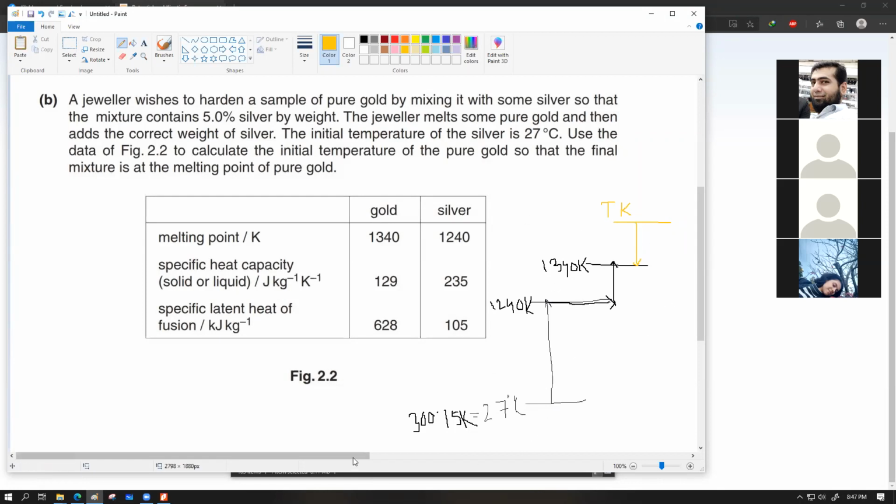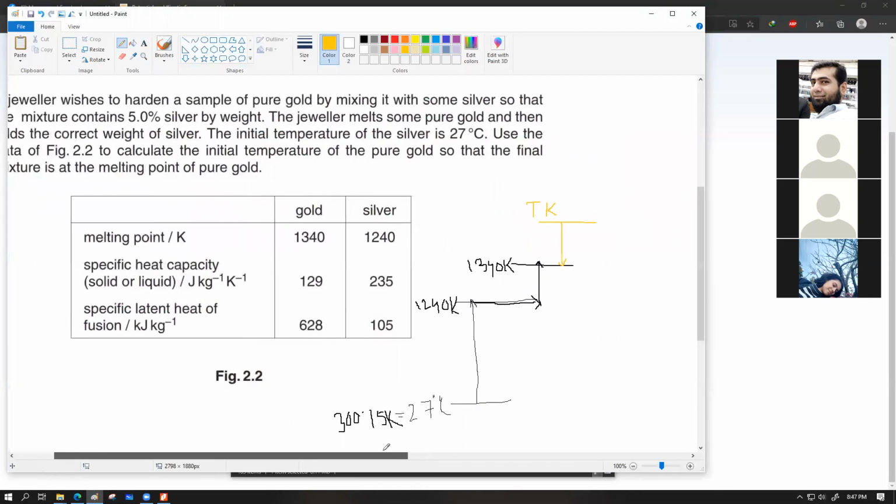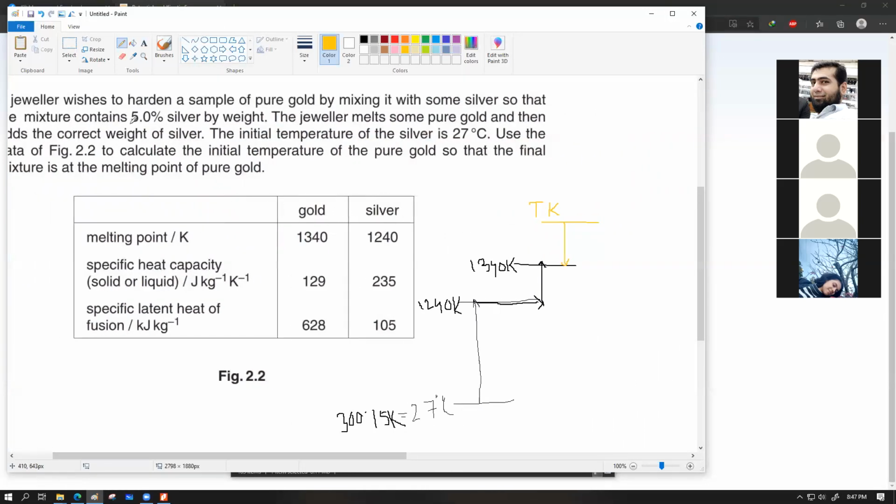Now the additional part we have to understand is that the question says for the hardening process to work, he's going to add 5% of silver by weight. That means out of the total, if the total mixture is 100, 5 would be silver, 95 would be gold. That's what 5% of silver by weight means.